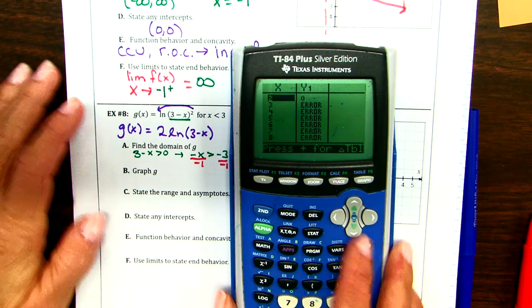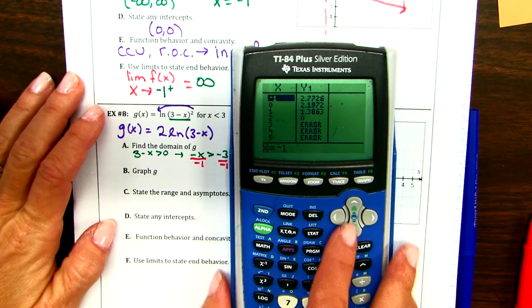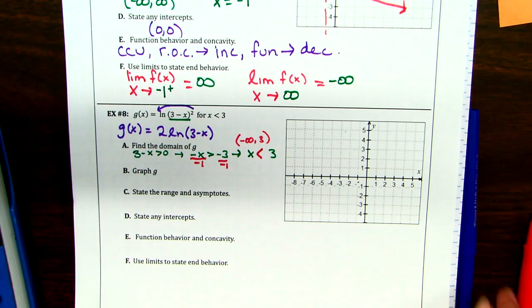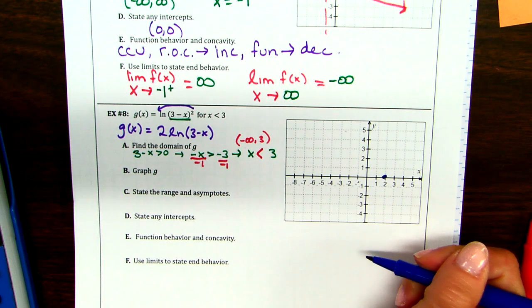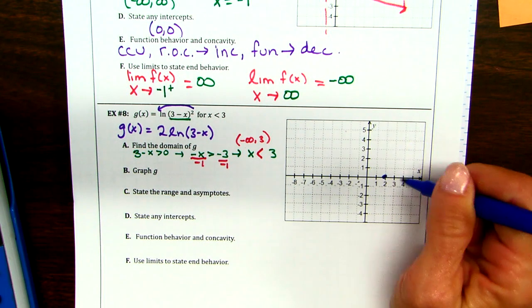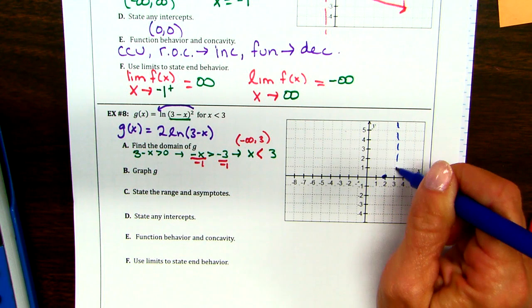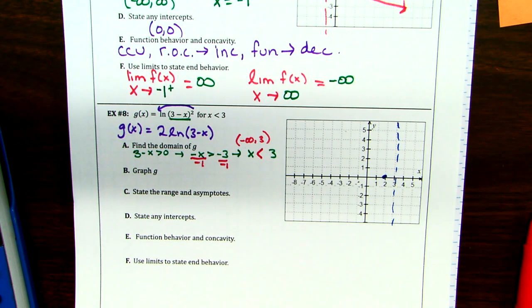So let's go to the graphing calculator's table, and I see a good point at 2, 0. And then I see at 3 where the error starts. And as I scroll through, I see lots of decimals.